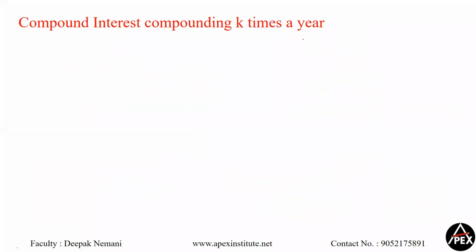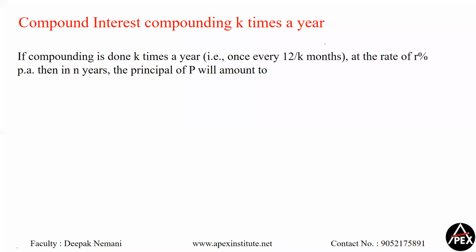So moving ahead. So till now we have discussed problems in which the compounding is done annually. The compounding is done only once in a year. Now what if the compounding is done twice a year or thrice a year? Okay.